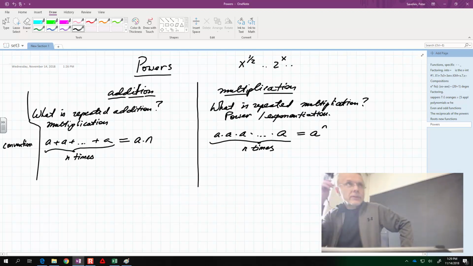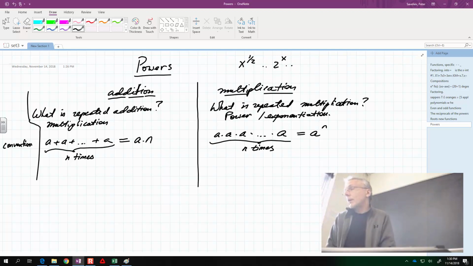We haven't seen the exponential function yet, but at this point we're not saying which one is the variable and which one is the parameter, so we are just talking about algebra, not functions. As you can see, the similarity is very close. One operation is being repeated, and we put it in a more abbreviated form.